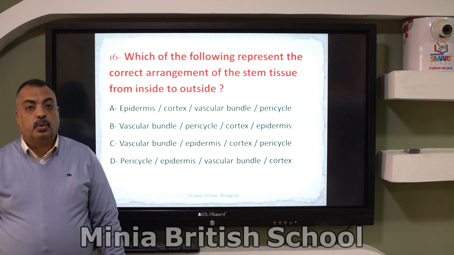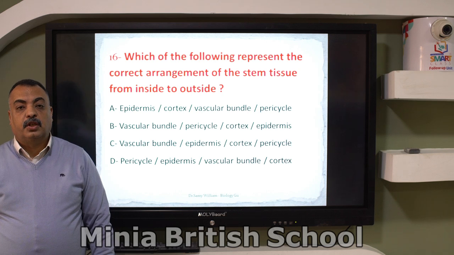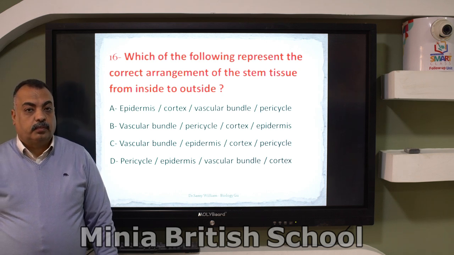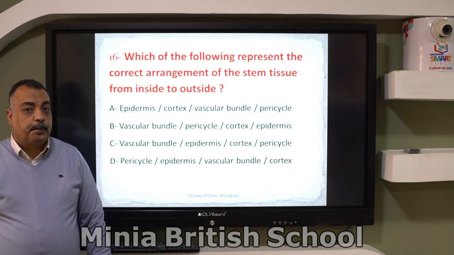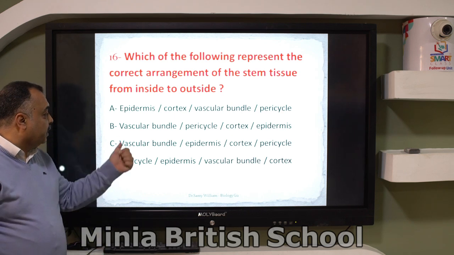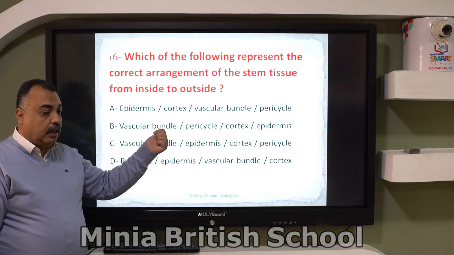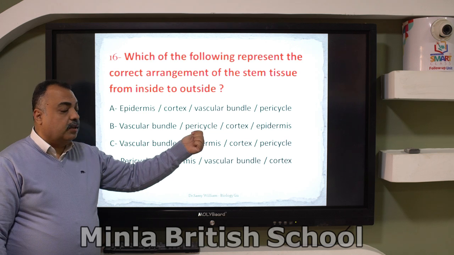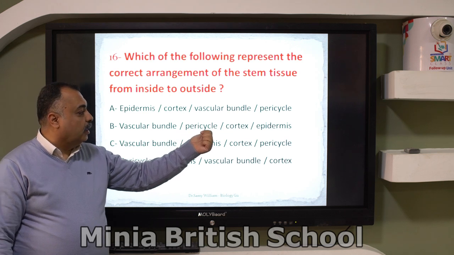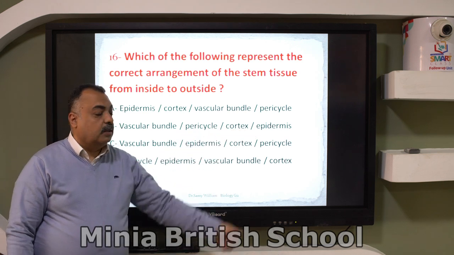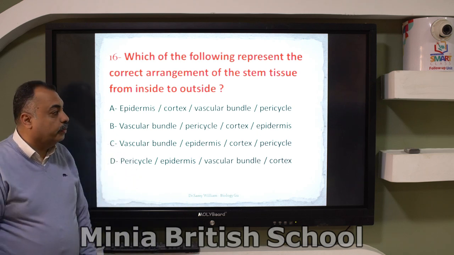Yes, the answer is B. Vascular bundle from inside, then protected by pericycle, then the cortex, then epidermis. Very good.